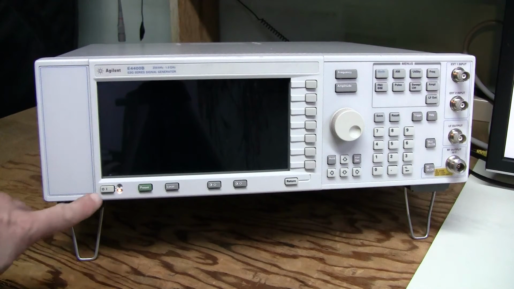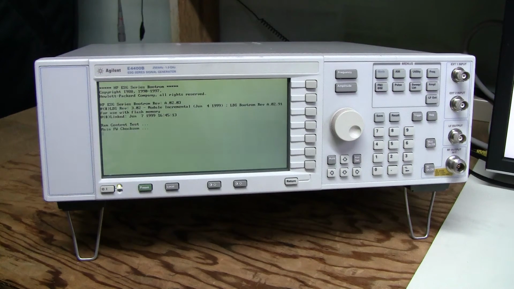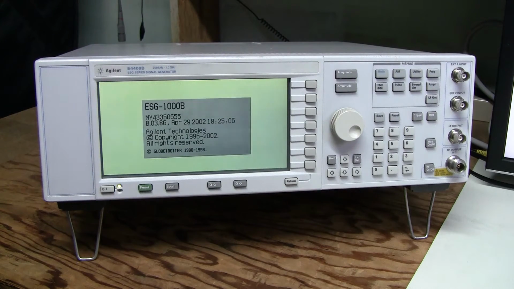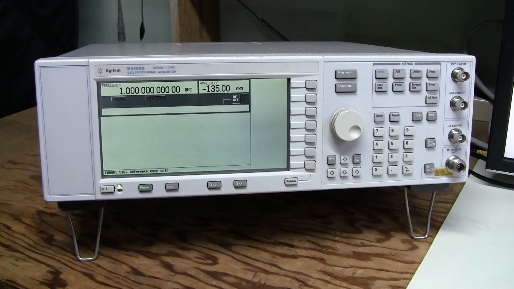Alright, I plugged it in. Let's power it up. There you go.